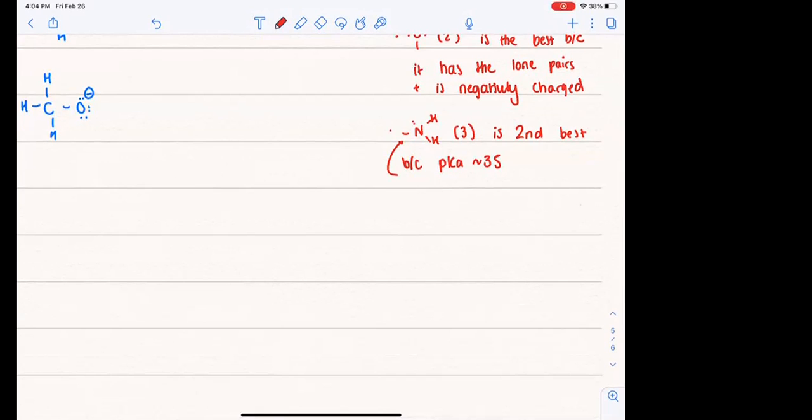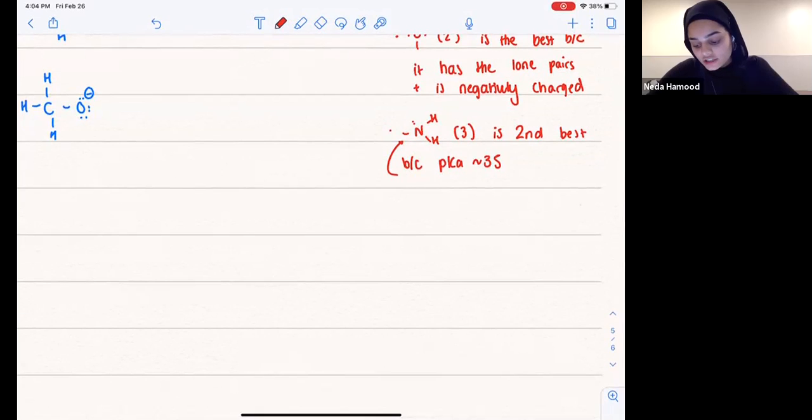NH2 is going to be the stronger base. I'm trying to think of how to explain that. Really, pKa values.